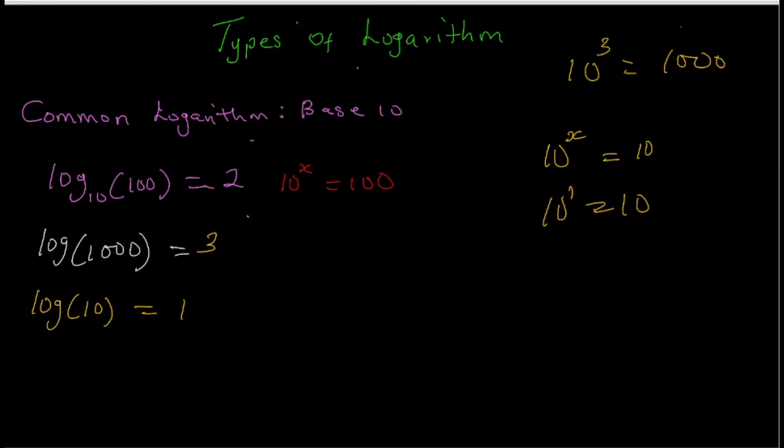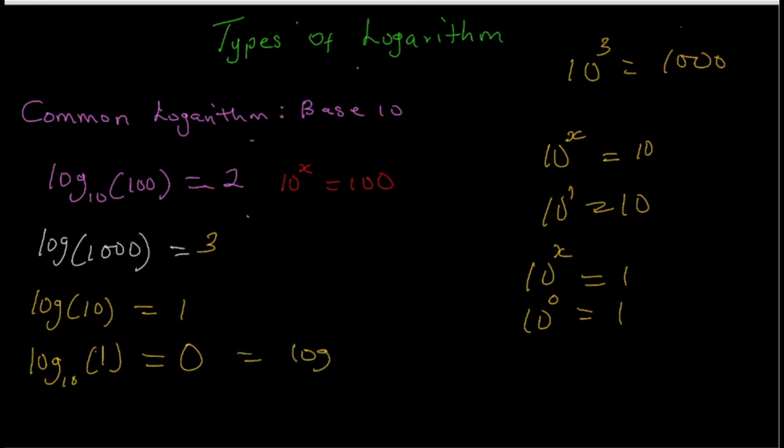Now if we have log 10 of 1, what power do we raise 10 to get 1? Remember that any number raised to the power of 0 is 1. So this would be 0. Log 10 of 1 is 0. Or this can also be written as log 1 equals 0. So that's for the common logarithm, which is the base 10 logarithm.